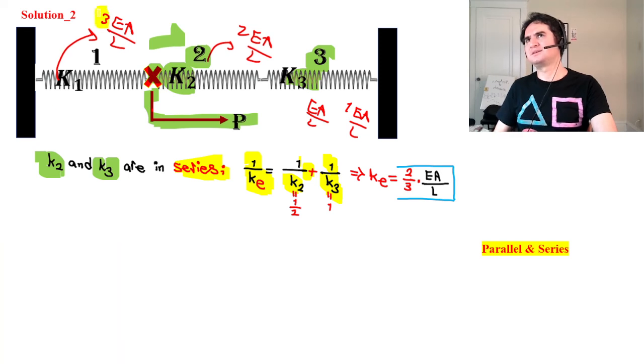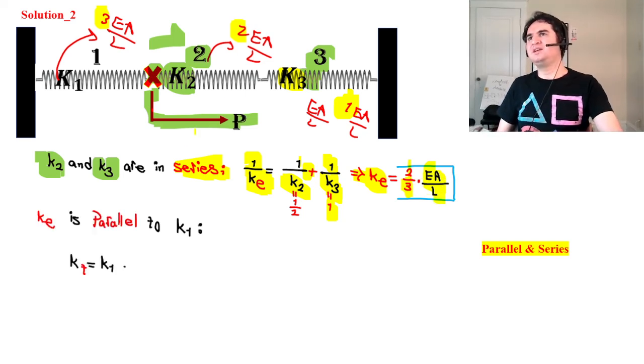K3 is 1, K2 is 2, so 1 over K2 is 1 over 2. If you add them up, you reach a K equivalent of 2/3 of EA over L.